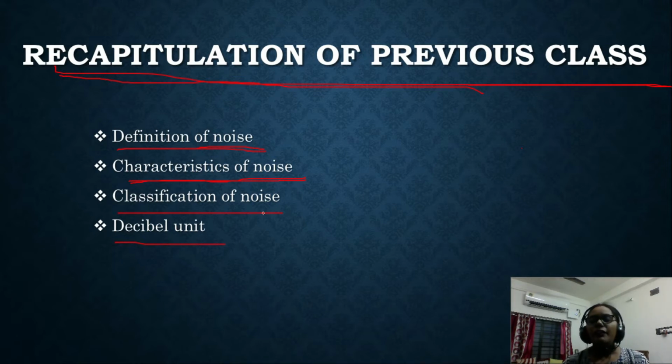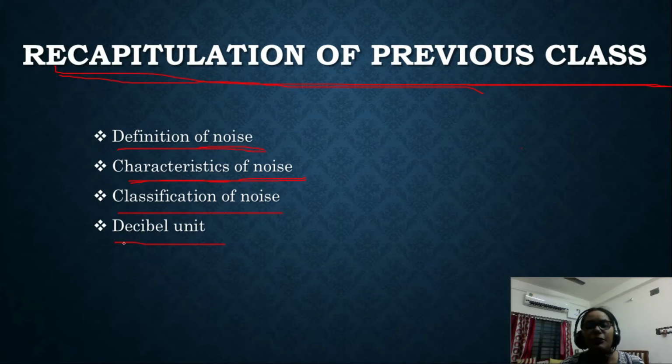Like right now I'm discussing with you, and beside my room, if someone is listening to music at a very high volume, that is a neighborhood noise. Understand? Because I can't bear that much sound level. That is why it is called neighborhood noise.